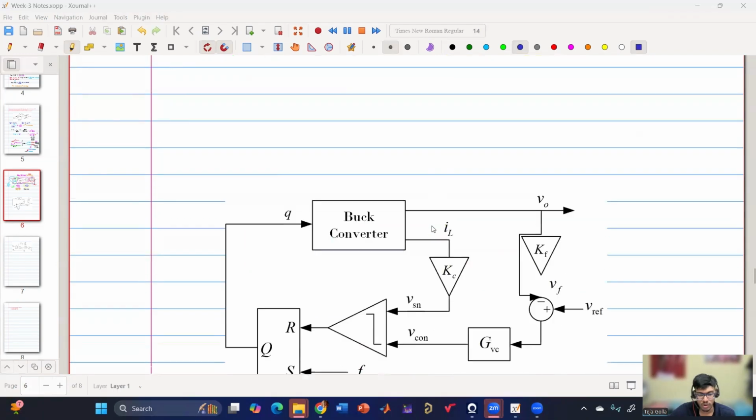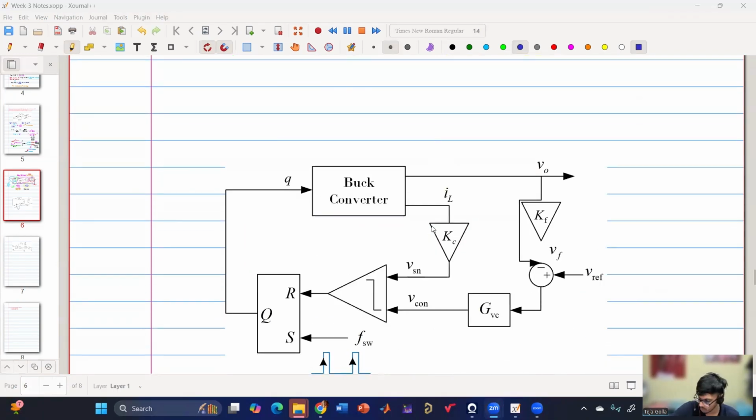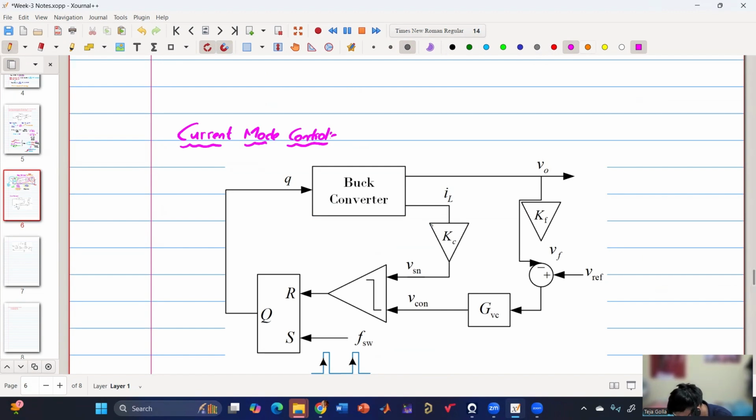Okay, so now let us move to the current mode control, which is a two loop control. So it will have two loops.